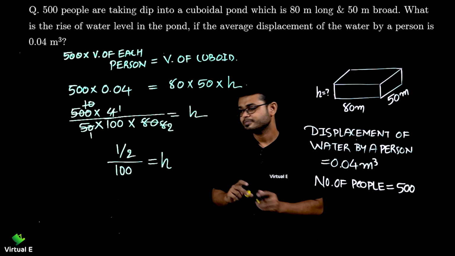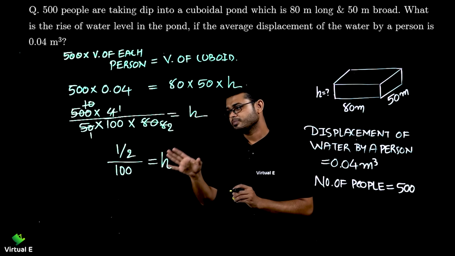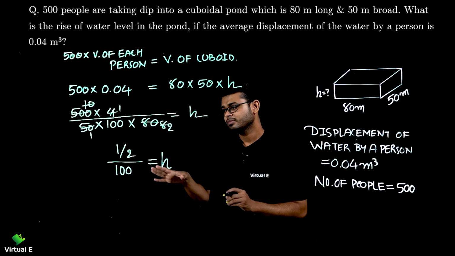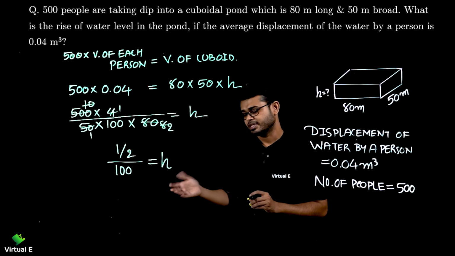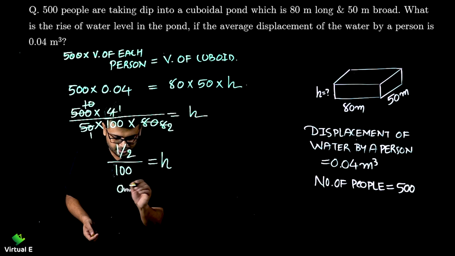There is a reason I did this, because I don't want to bother with this 100. You can see that the denominator is bigger than the numerator, so the answer will be in fraction form, or if you convert into decimal as well. So 1 upon 2, we know the answer is 0.5, and there is 100.